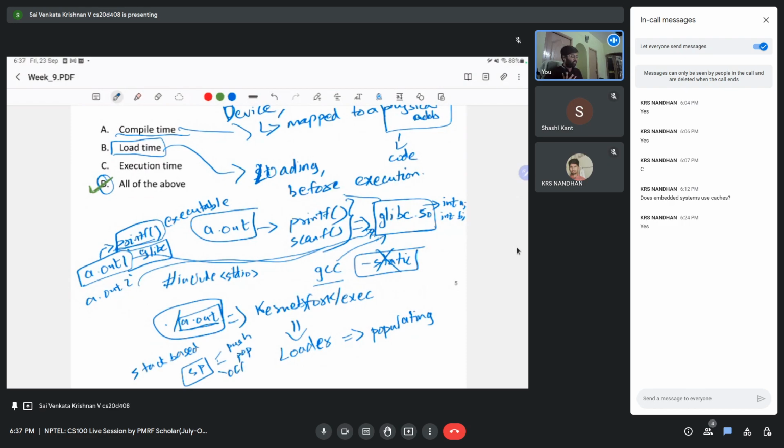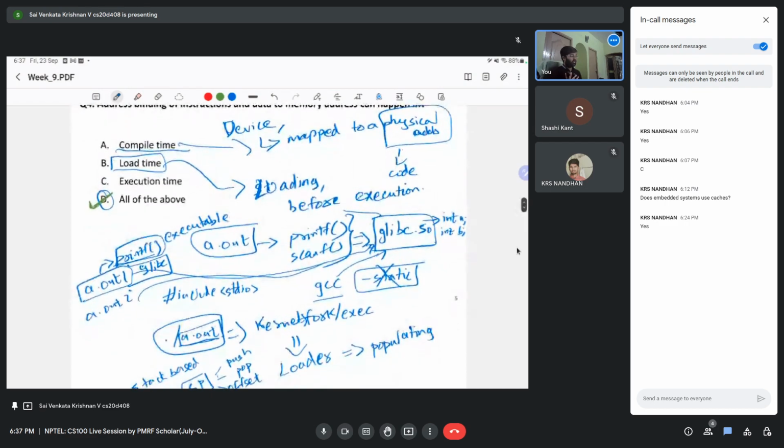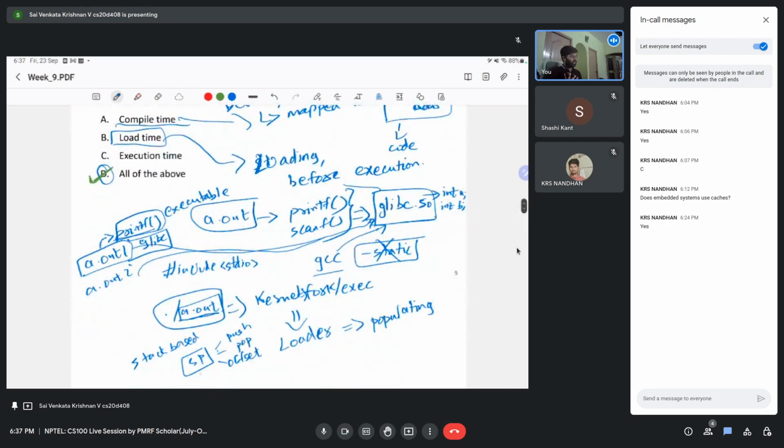So this is execution time mostly. Address generation is different, address binding is different, right? This is for the data values and for the load and store instructions. For these you are using addresses relative to the stack pointer. In this case, apart from this scenario, right?